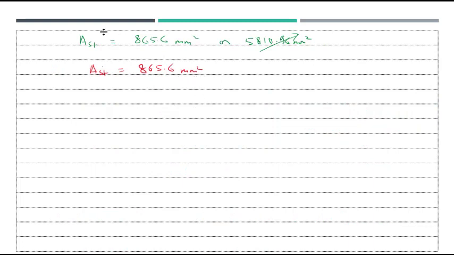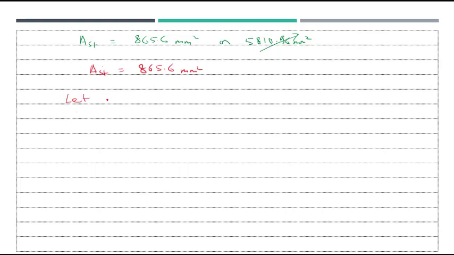So we'll select the diameter of bar which we have to provide, and arrive at the number of these bars which has to be embedded in your beam.